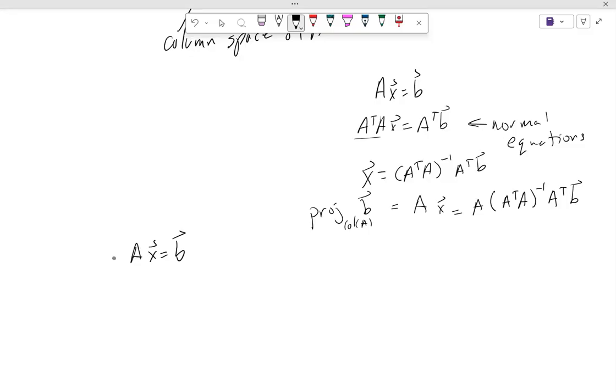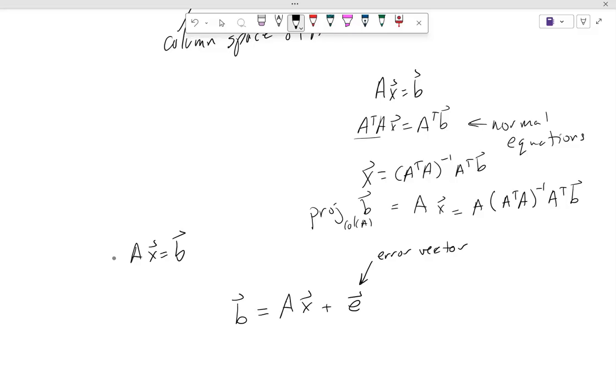So really what I can think of is our B here is something in the column space plus some error vector. And again, if we're doing a least squares solution, we want the magnitude of that vector to be as small as possible. That's the whole idea of the least squares part, right?